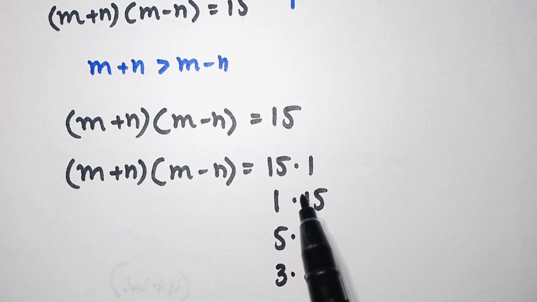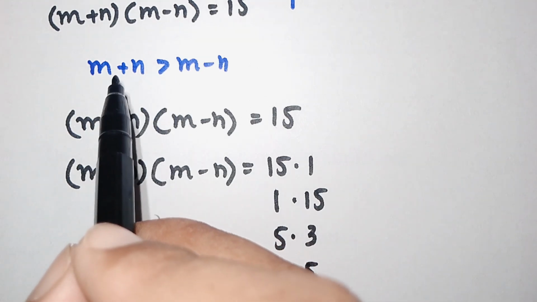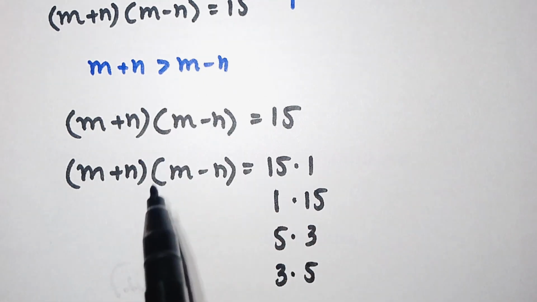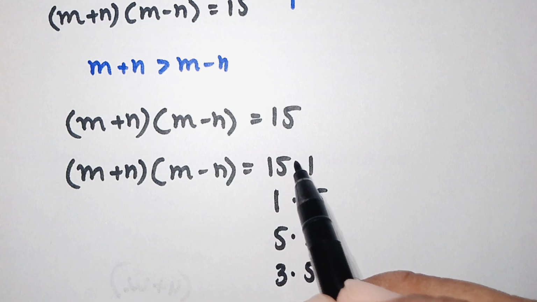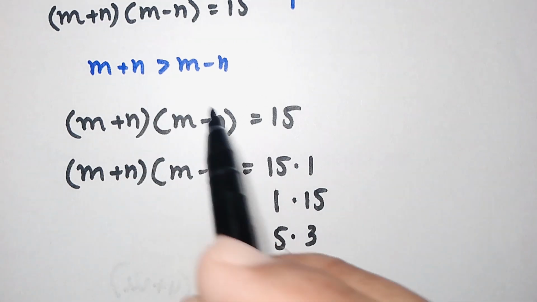Now look at here, keep this condition in mind, that m plus n is always greater than m minus n. So in this case the first number is greater, so this obeys these rules.